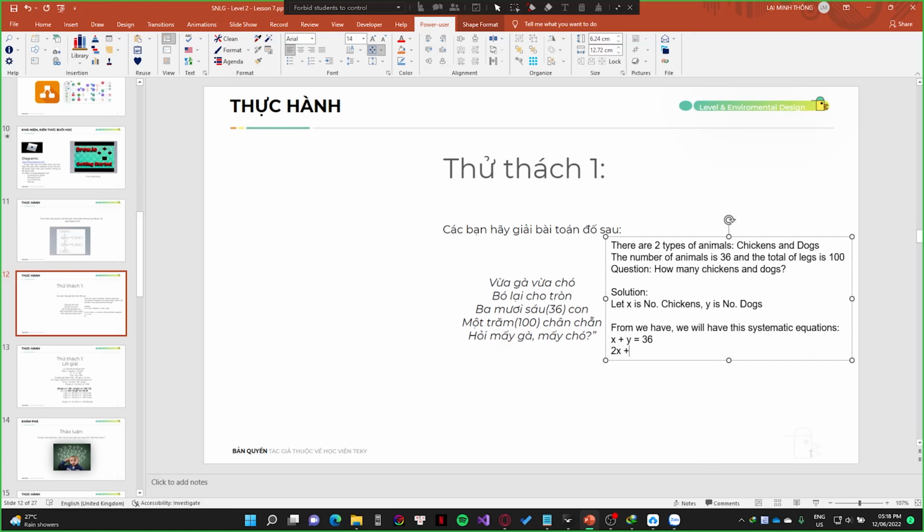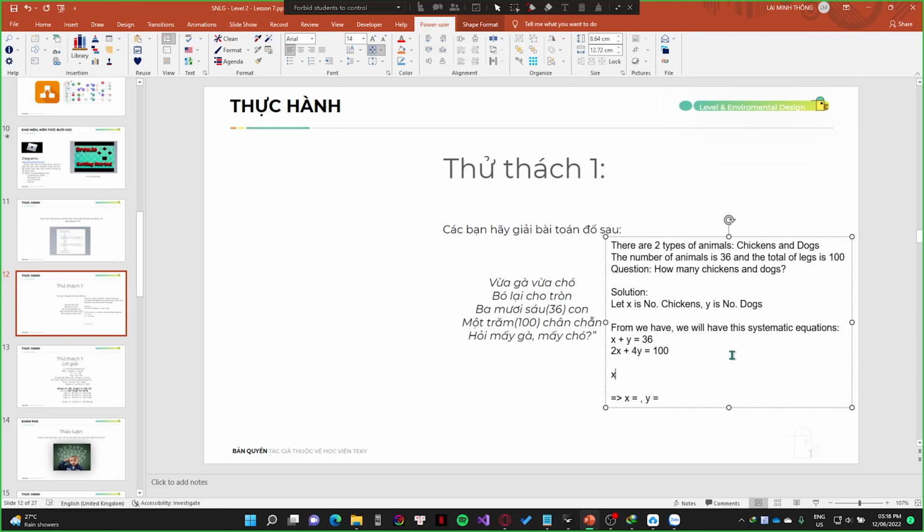And similarly for the dogs, each dog has 4 legs, so 4y, and the total will equal 100. This is called systematic equations. You will learn this in school later, and you can easily calculate x and y by doing this.